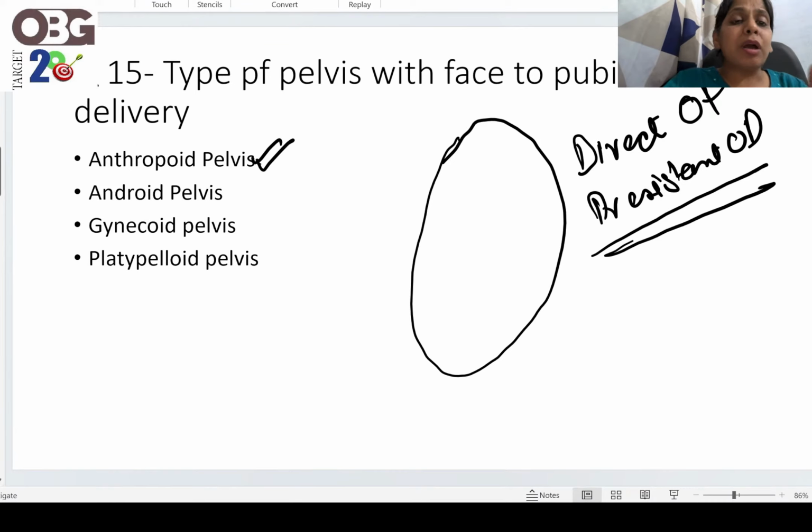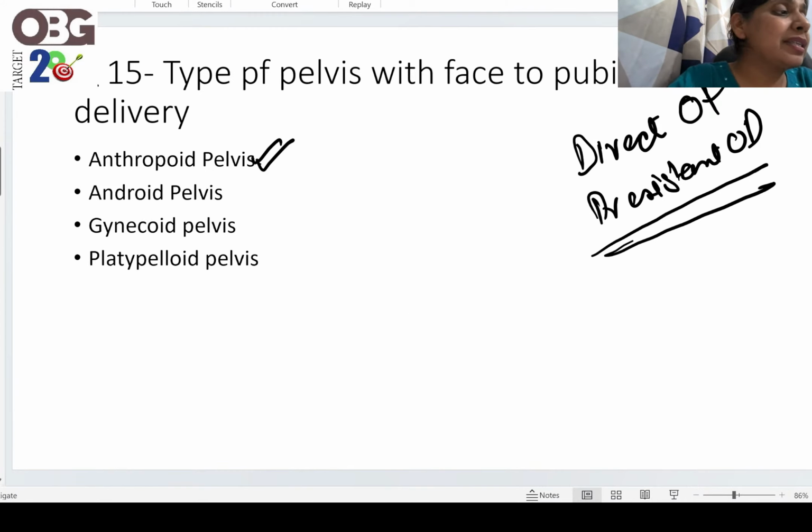So what are all the problems related to the anthropoid pelvis? Those problems are... In which situations will the anthropoid pelvis be the answer? Okay. Dr. Prashant, the answer was D. Let me check. It's wrong. Then the answer for the face to pubis... Let me check, Dr. Prashant.